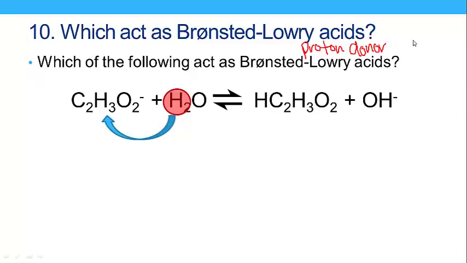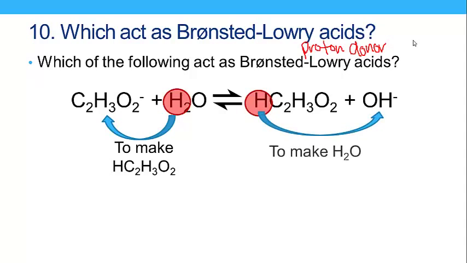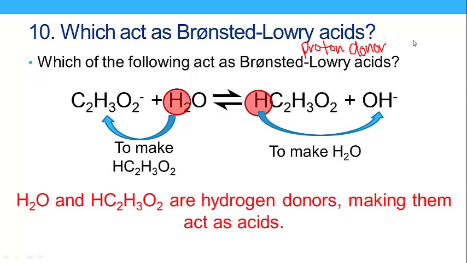So in this case, water is going to donate. On the other side, however, this hydrogen is going to be donated to the hydroxide to make water. So water and acetic acid are both hydrogen donors, making them both act as acids in this example.